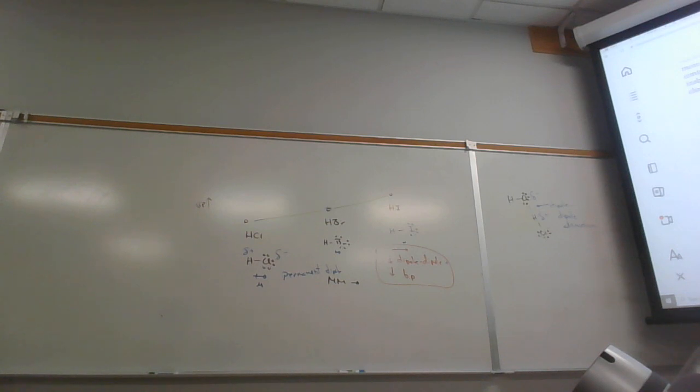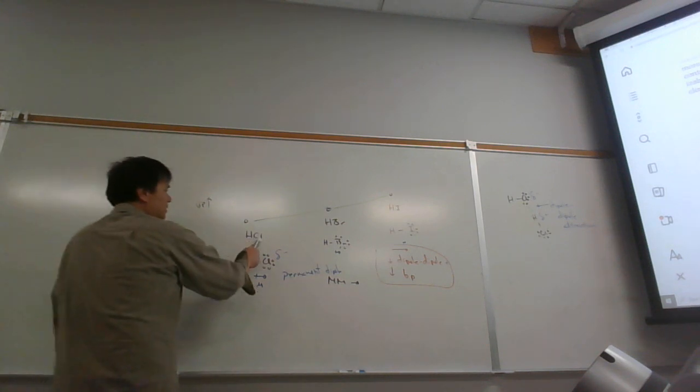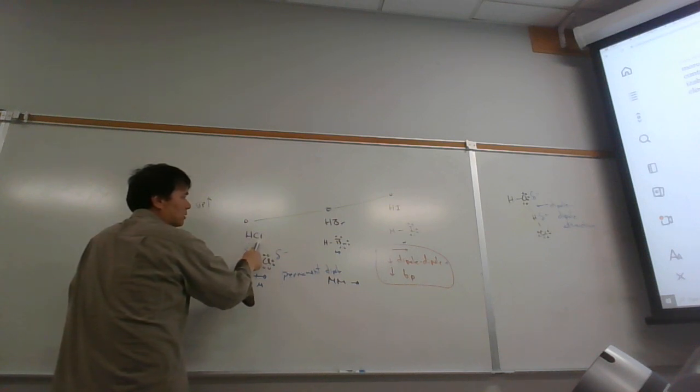Chlorine has 17 electrons total. With hydrogen's 1, it gives us 18 electrons.